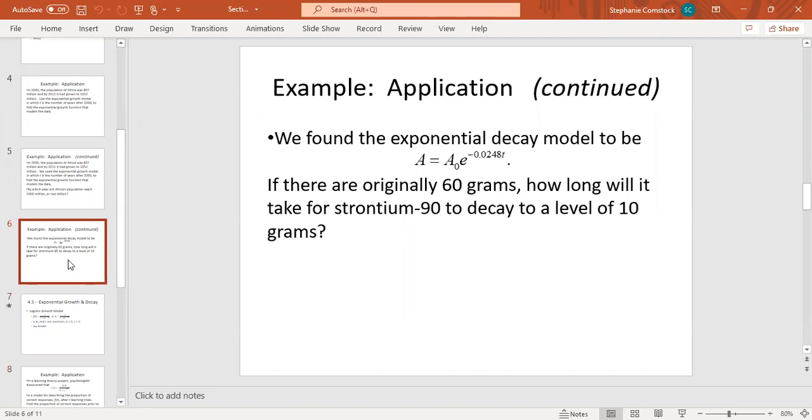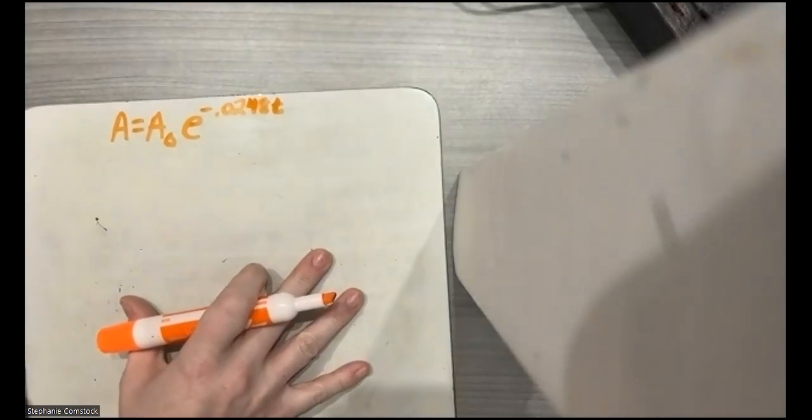There's our first indication that it was a decay model, is because it has a negative value up there for k. If there were originally 60 grams, how long will it take for strontium-90 to decay to a level of 10 grams? Okay, so now a couple things that I want to make mention here. They were nice to hand us this.